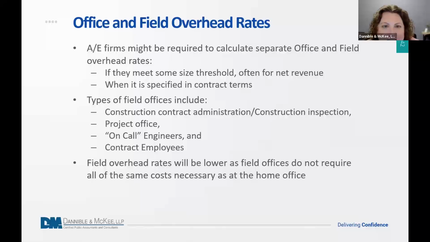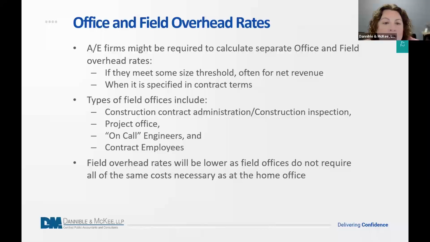Office and field overhead rates. You as an established firm may be asked to present an office rate and a field overhead rate. So what does that mean? If you meet some size threshold, often for net revenue, then you start producing not a combined rate, but an office and a field rate. What's a field rate include?